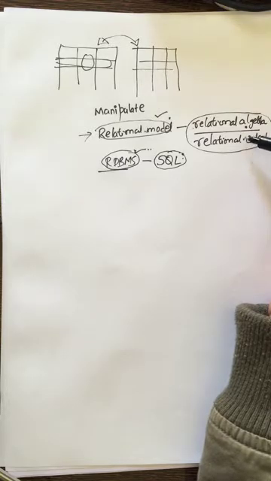The main difference between relational algebra and relational calculus is that relational algebra is a procedural language, which means it will say what we want and how to get it. Each step will be specified in relational algebra. But relational calculus is just a declarative language, which means it will say what we want. It will not say how to get it.